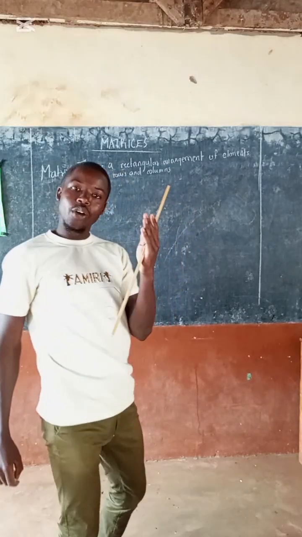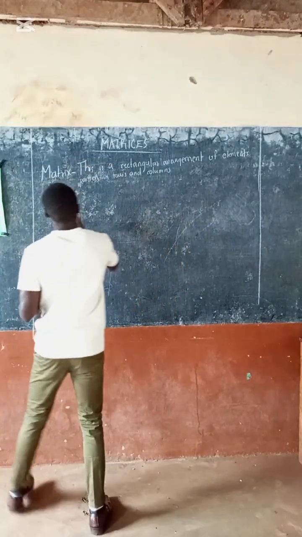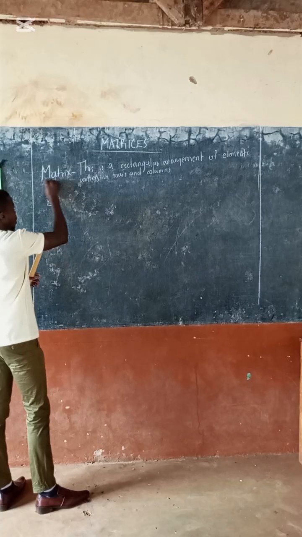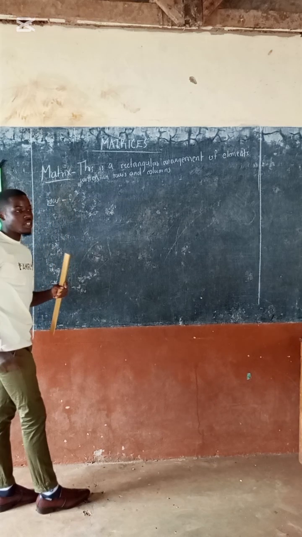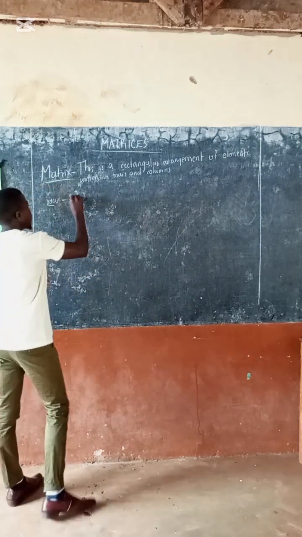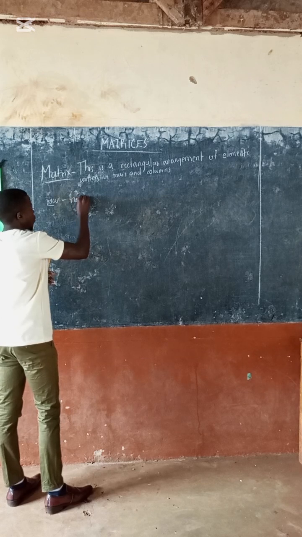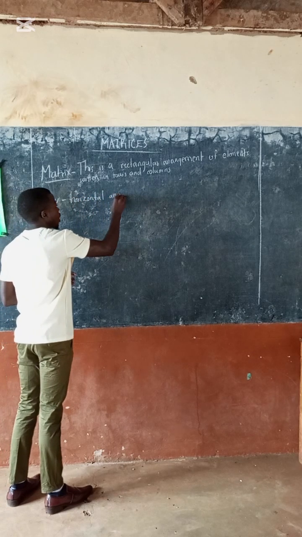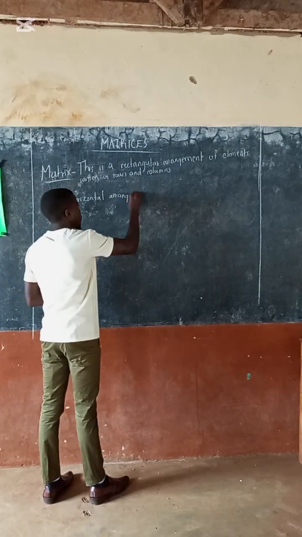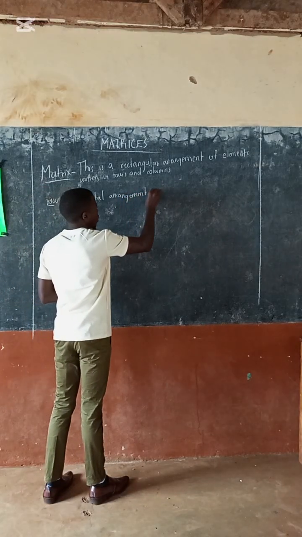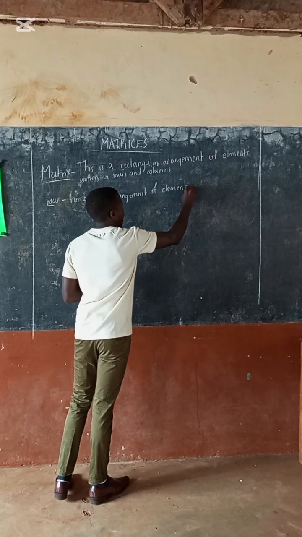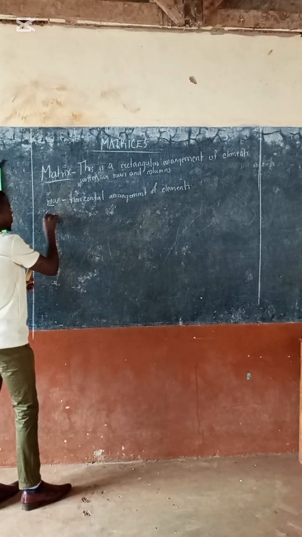Now let us define what a row is. What is a row? A row is a horizontal arrangement of elements. And what is a column?